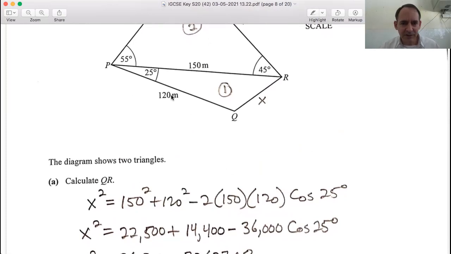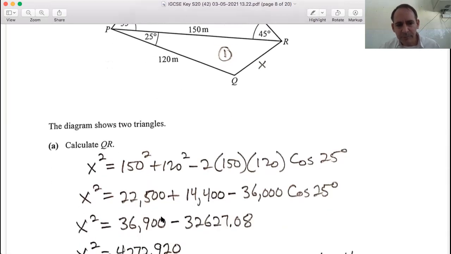So we have 150 squared plus 120 squared minus 2 times the 150 times the 120 times cosine of the angle in between, and this angle corresponds with the side x. So this angle in the cosine needs to be opposite of the side that you put over here.